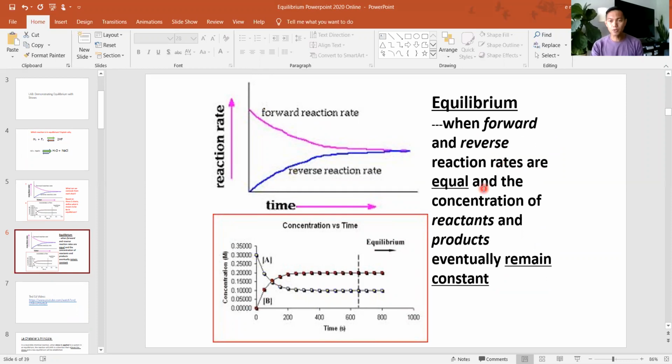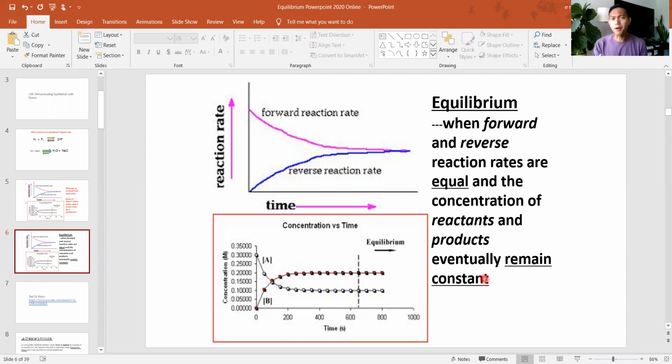In addition, so it says here "and", it's not an "or", it's this definition and this definition. The other component is when the reactants and products have tapered down and there are no longer changes. It says, and the concentration of reactants and products eventually remain constant.